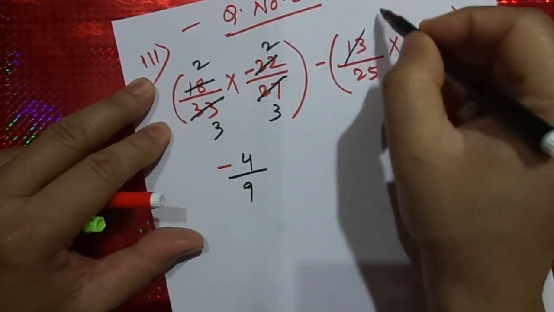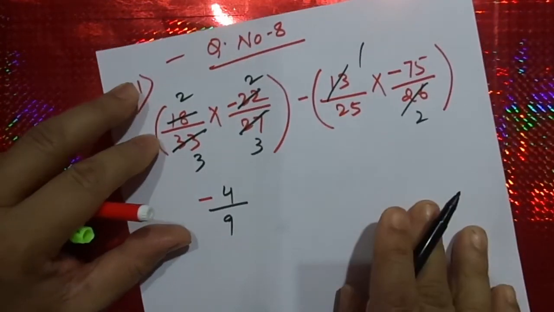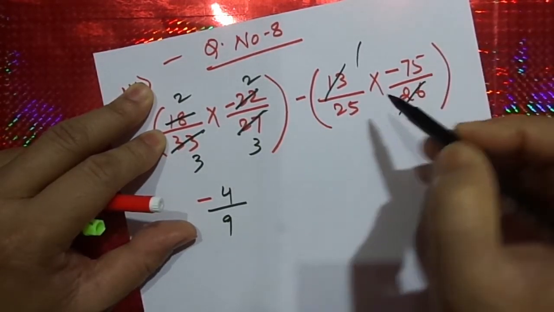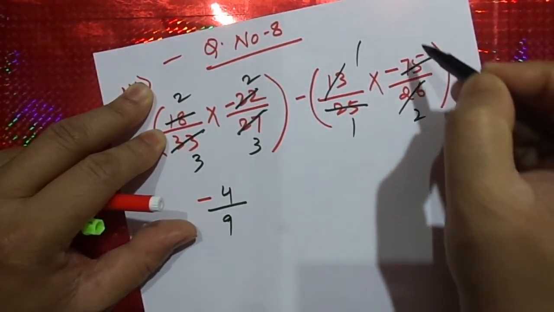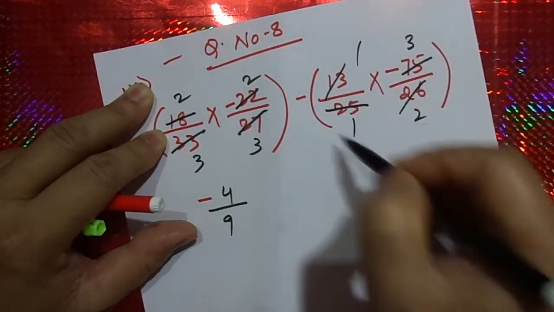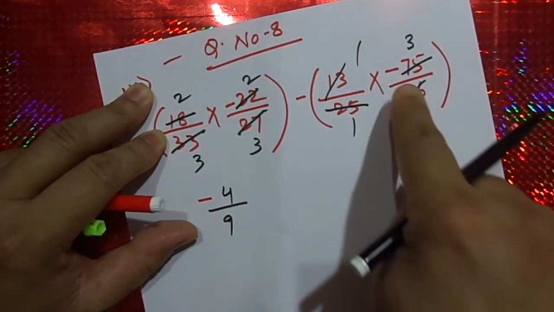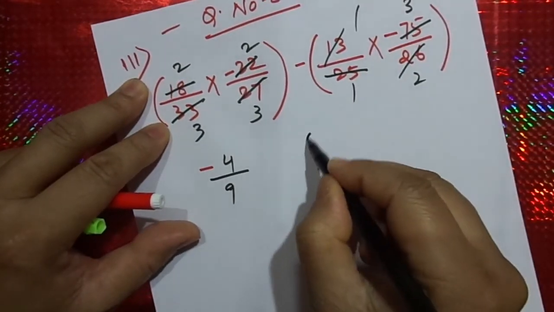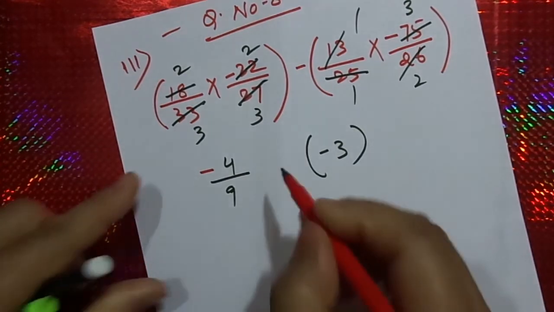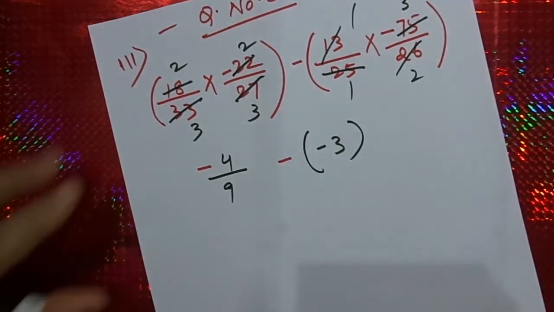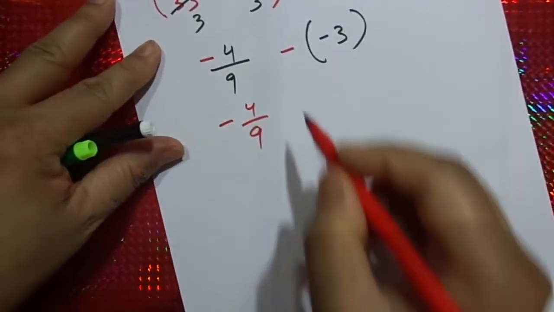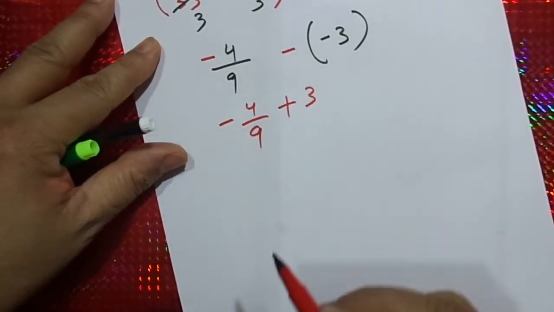So here 13 1 times, 13 2 times. Let me cancel this with the bigger number. 25 1 times, 25 3 times. So what do we have here? Here we have minus 3. Here we have minus 3. And minus was already over here. Therefore, minus 4 by 9 plus 3.